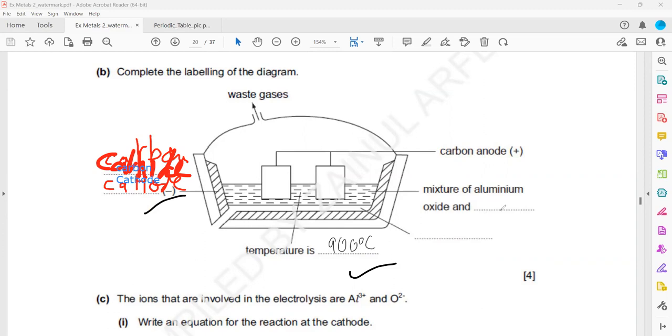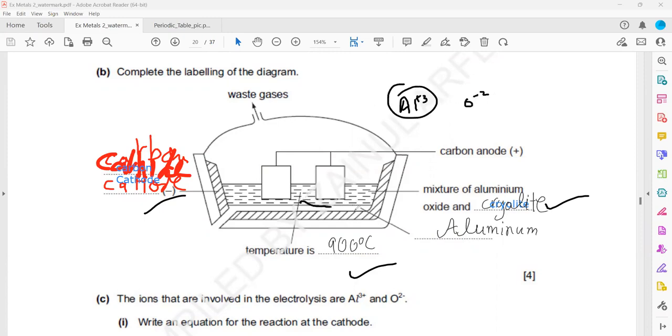We have a mixture of aluminium oxide and cryolite. And what is this substance which we collect? Aluminium, not slag. Here we don't get slag. Slag is in the extraction of iron. This is the extraction of aluminium, which produces aluminium ions and oxide ions. These aluminium ions are attracted towards the cathode, the base and the wall. And we have molten aluminium.